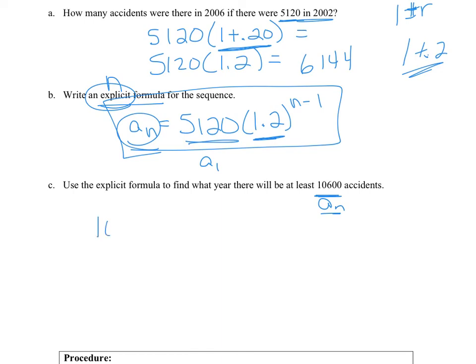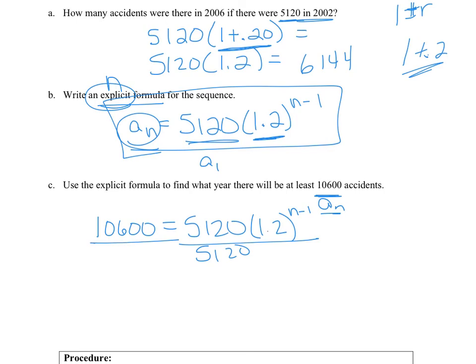So that's 10,600 equals 5,120 times 1.2 to the n minus 1. And we don't know what n is, so we have to solve for n. And you just solve. You may have to use logs. Divide by 5120, and that's 2.07. Remember, if they don't tell you to round, don't round. In fact, don't round in general.